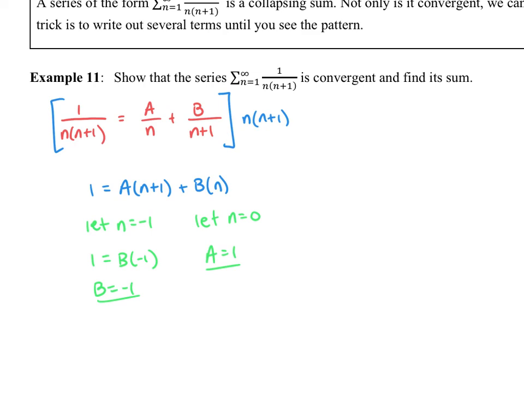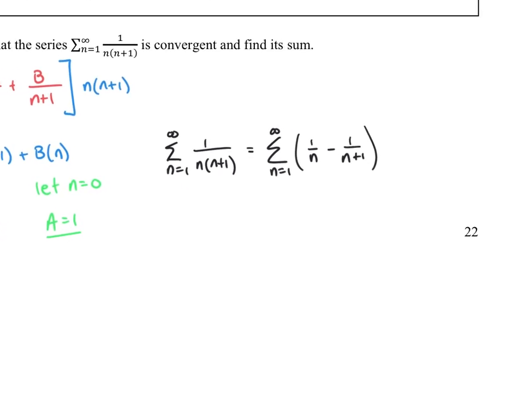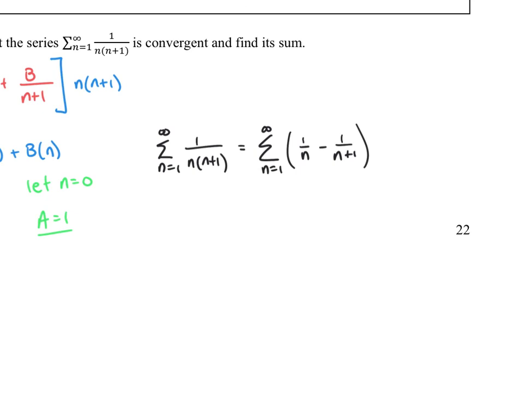All right, so what we have then is instead of the series from 1 to infinity of 1 over n times the quantity n plus 1, we now have written this as the series of 1 over n minus 1 over n plus 1. Now we're going to split this up and think about each of these terms of this series, but what I'm going to do as a technique is I'm going to start listing terms.